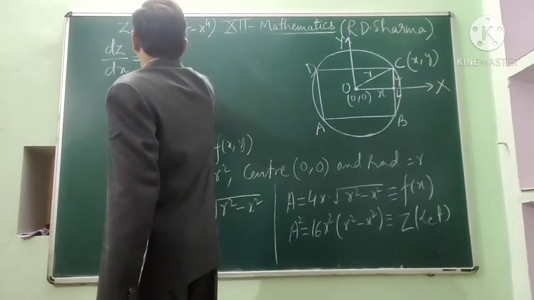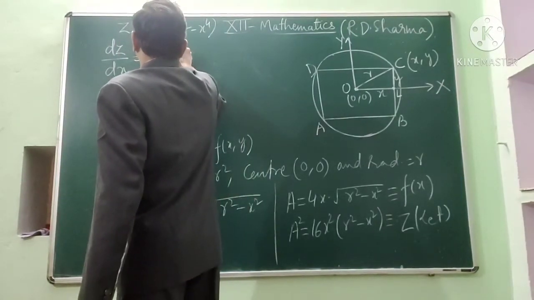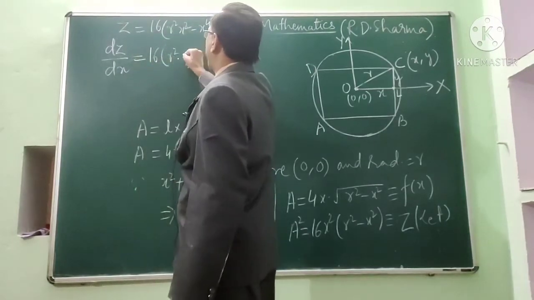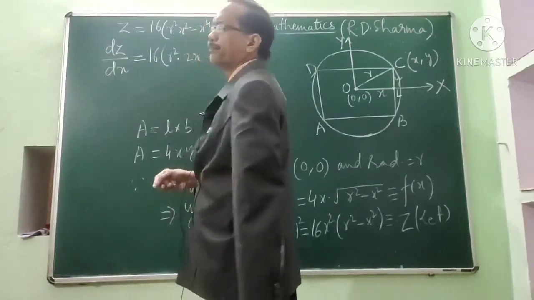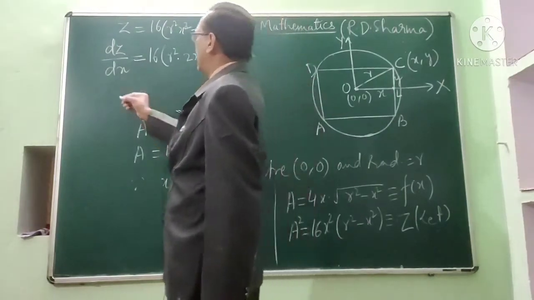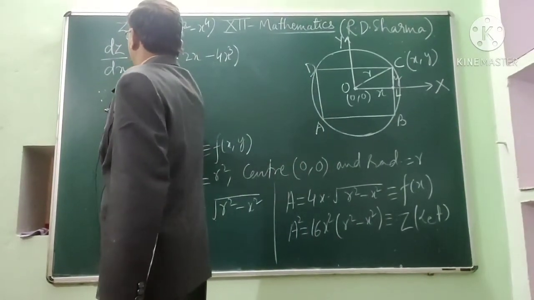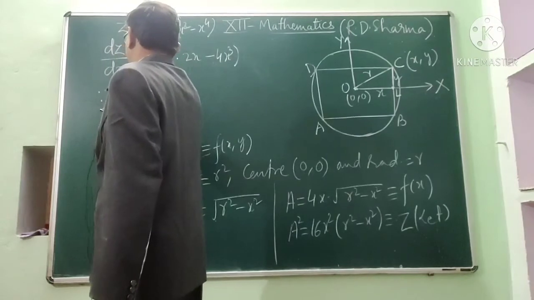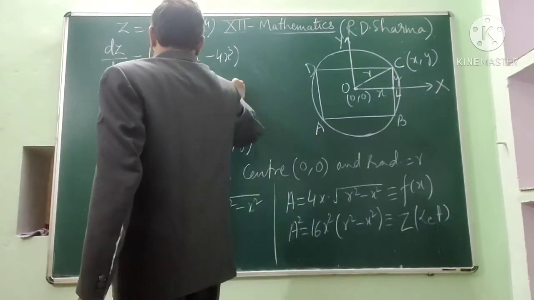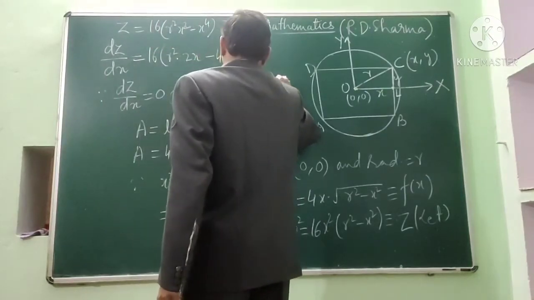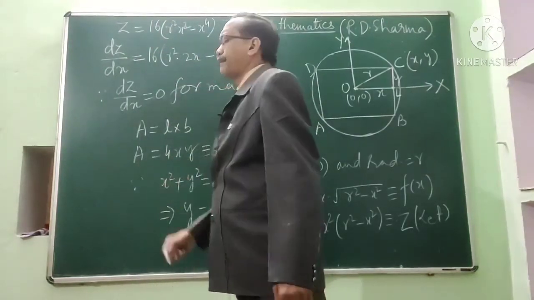So 16 as it is, r square is constant. Derivative of x square is 2x, minus 4x cube. Since the first order derivative is 0 for maxima and minima, this is the condition for maxima and minima.